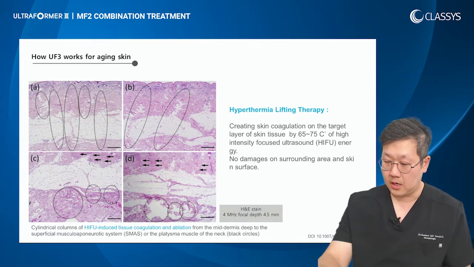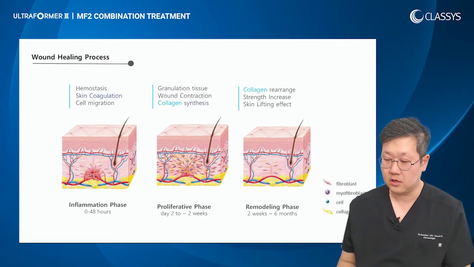Okay, and to give this kind of process, we are using the wound healing process. We give skin coagulation at certain points, and that will make a wound contraction using collagen synthesis, and then we will make a collagen rearrangement, making the skin lifting effect.